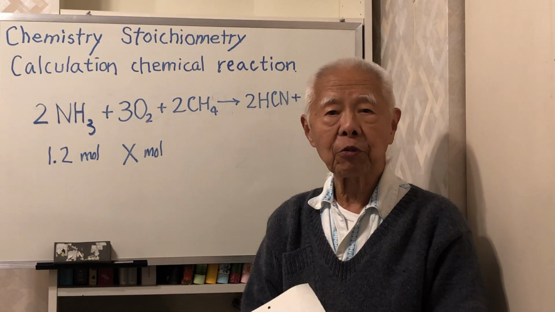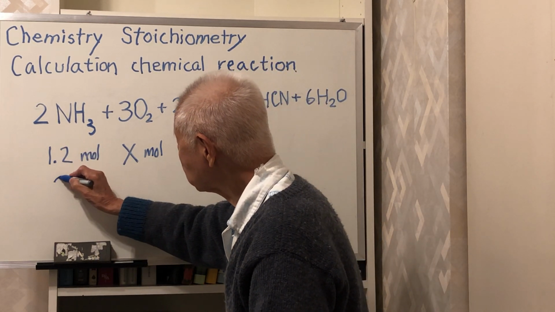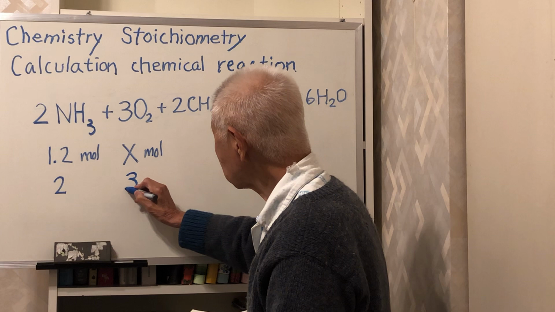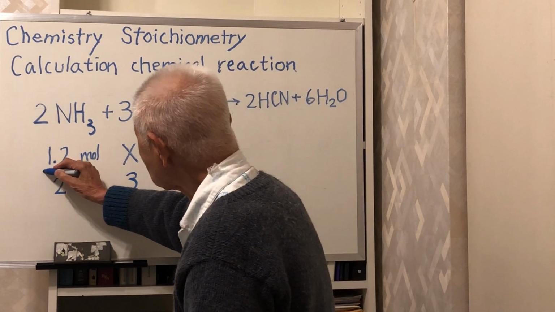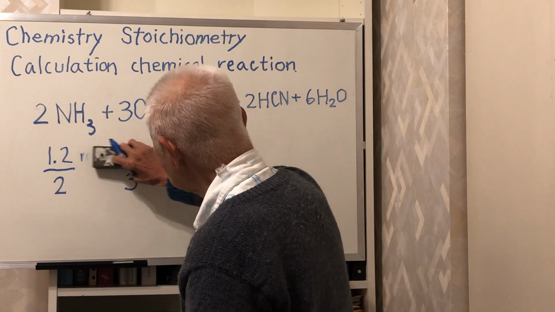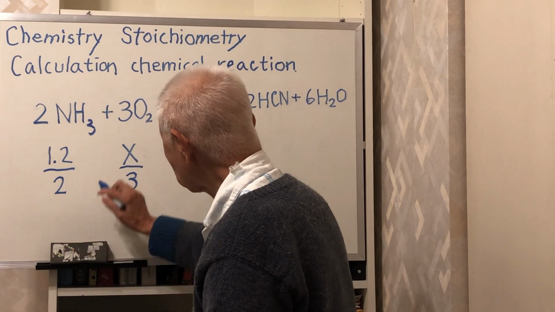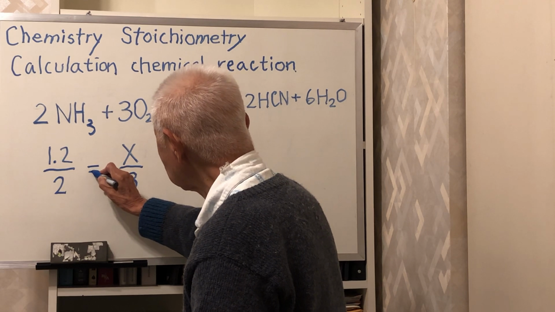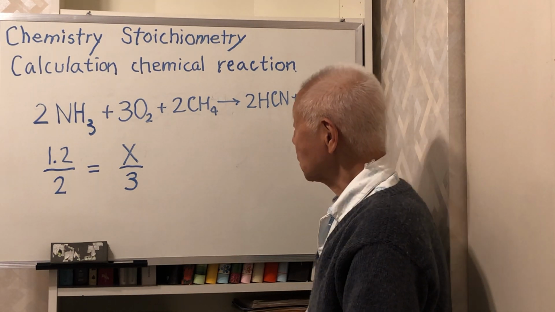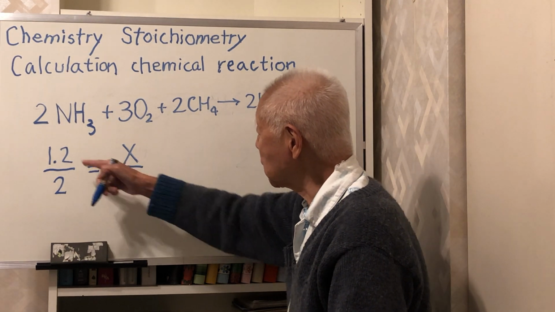Similar to what we have done for the first example, write the 2 below this. Write the 3 below this. And write the ratio. Let's erase the unit. Let the 2 ratios equal to each other. Solve for x. To solve for x, you move the 3 to here and multiply.